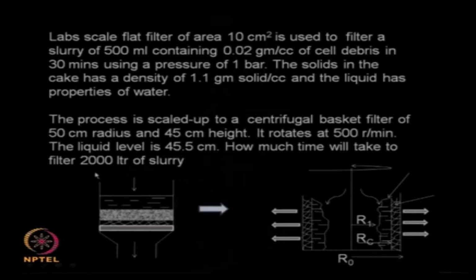The data that is given is you want to filter 2000 liters of slurry and the solids in the cake have a density of 1.1 gram solid per cc, correct, and then you know the overall radius of the centrifugal filter. So we can do a mass balance and from there we can calculate the thickness of the cake, that means we can calculate what will be the RC, understand.